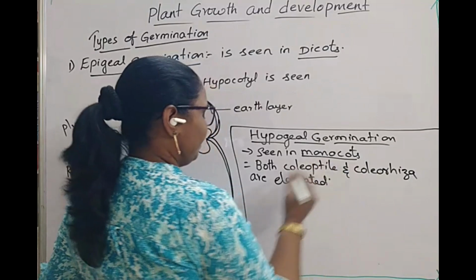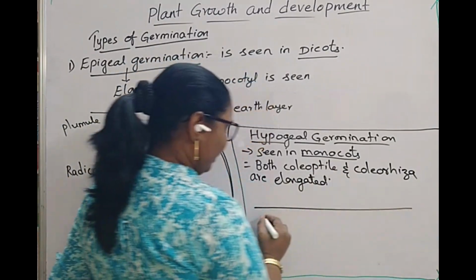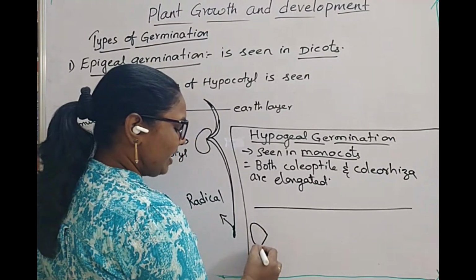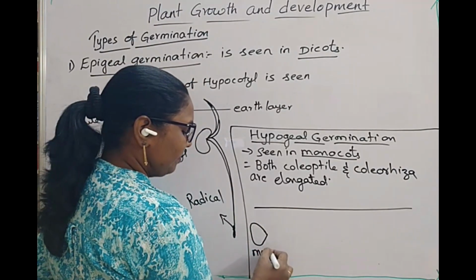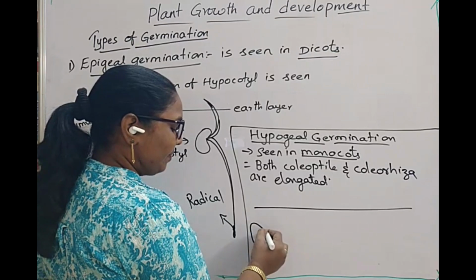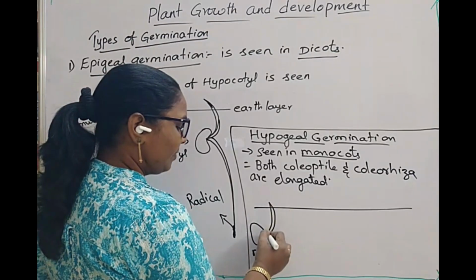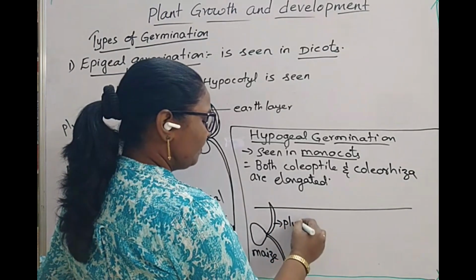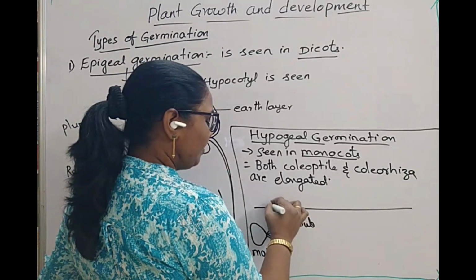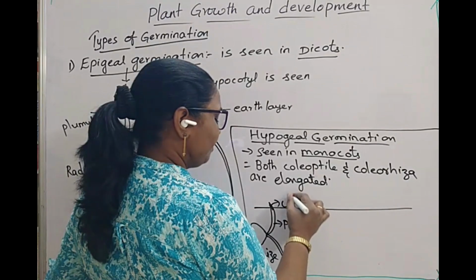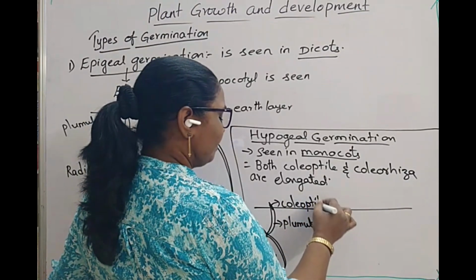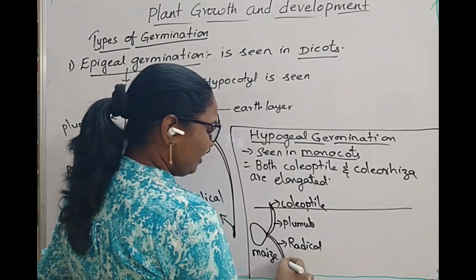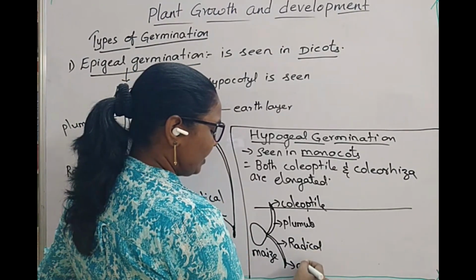Suppose this is the earth layer and this is a monocot seed. For example, think that it is a maize seed. So this will be the plumule part, and this tip will be coleoptile, and this will be the radicle part, and this will be coleorhiza.